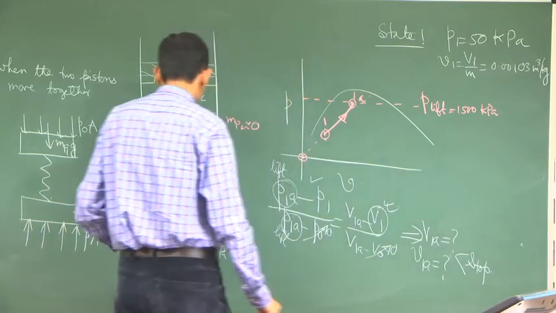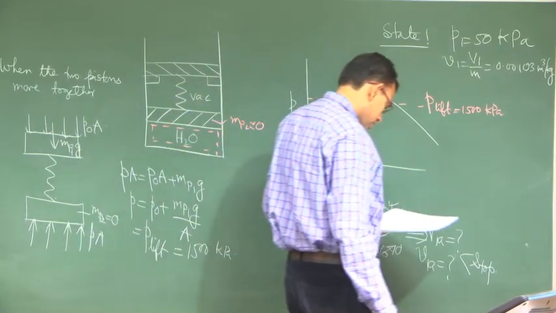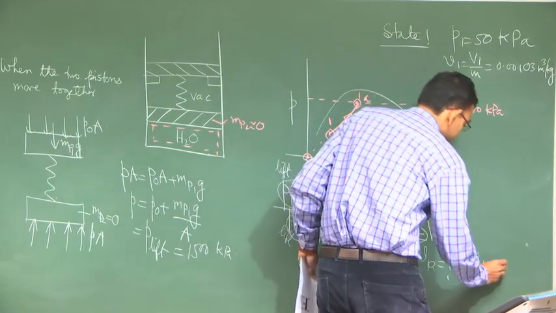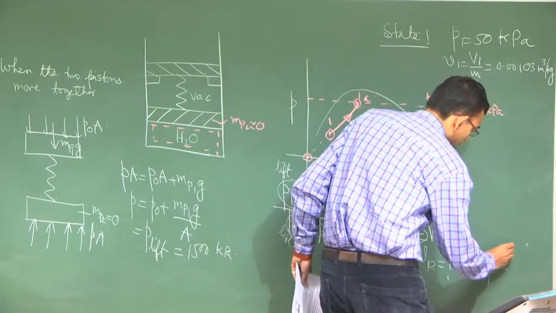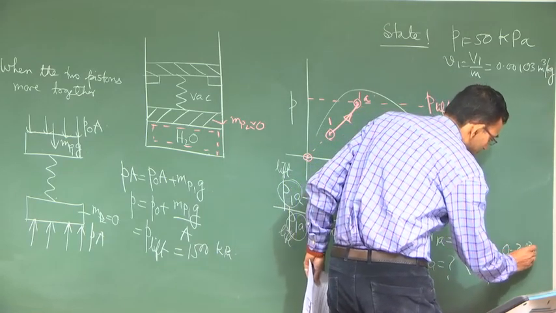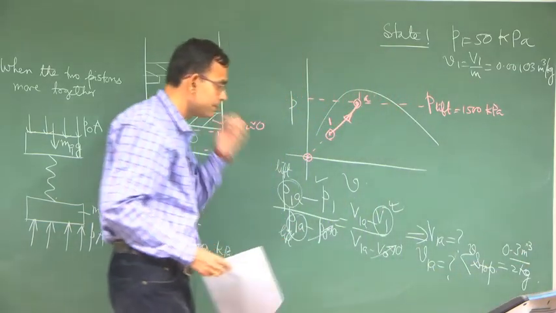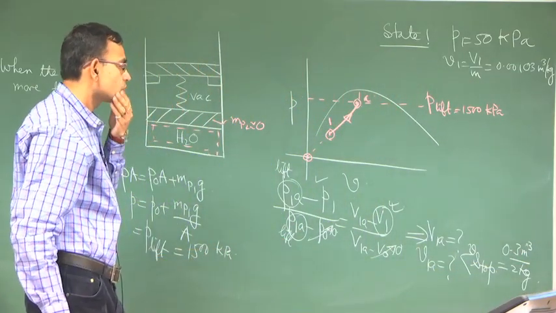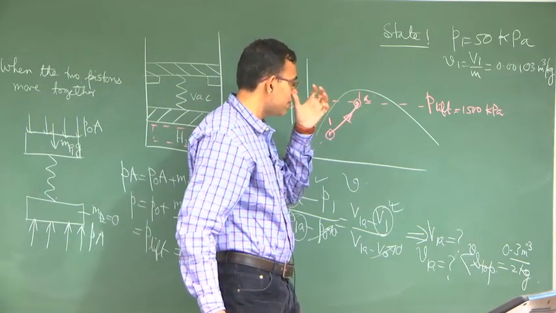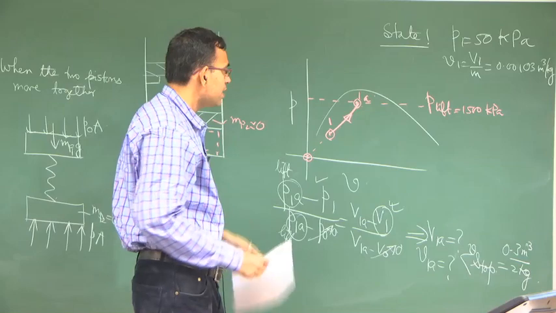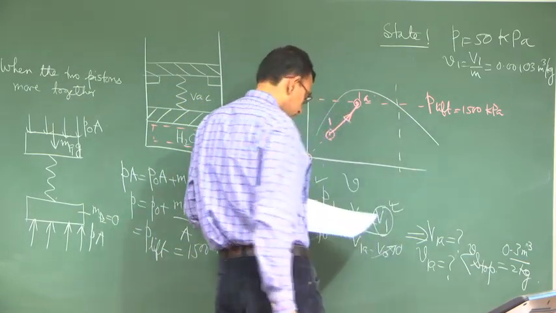V stop means that is 0.3 meter cube by 2 kg, that is the V stop. So, this is less than V stop. So, where is the V stop? Let us see what is Vg at here.